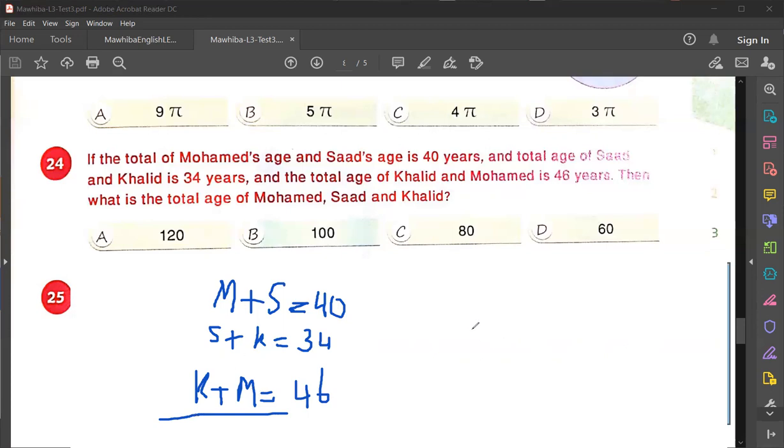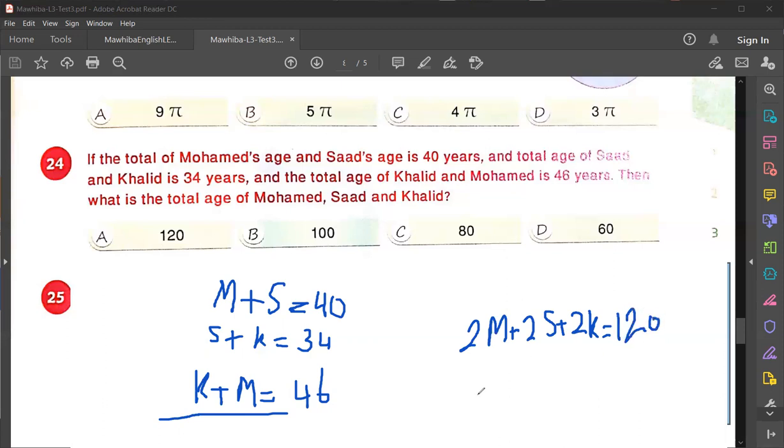How many Muhammad do I have? I have 2 Muhammad, plus 2 Saeed, plus 2 Khalid. Then you add the numbers. 40 plus 34 is 74, plus 46 is 120.